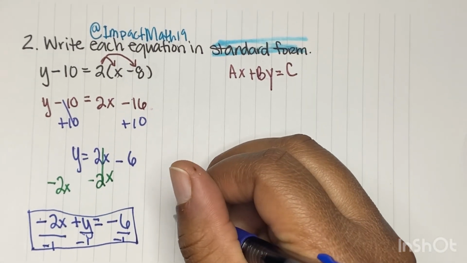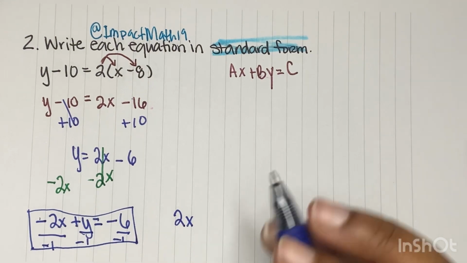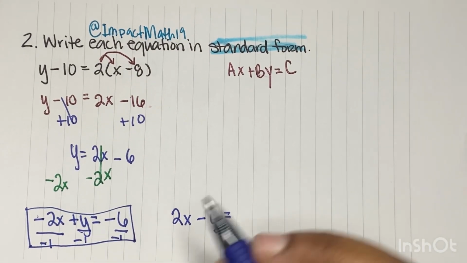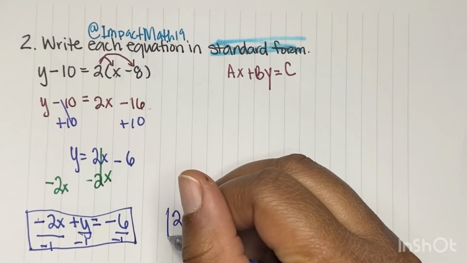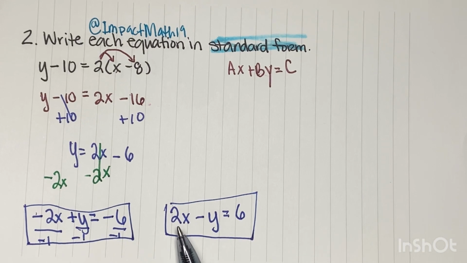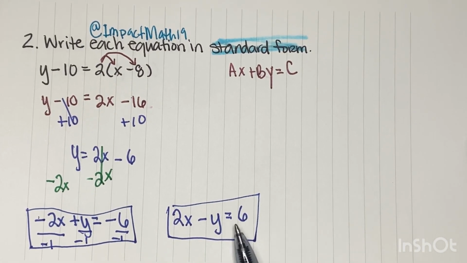And then we can end up with positive 2x. A positive divided by negative is a negative y, equals a negative divided by negative is a positive 6. And so we have ax plus a negative by equals 6. And that's our equation in standard notation.